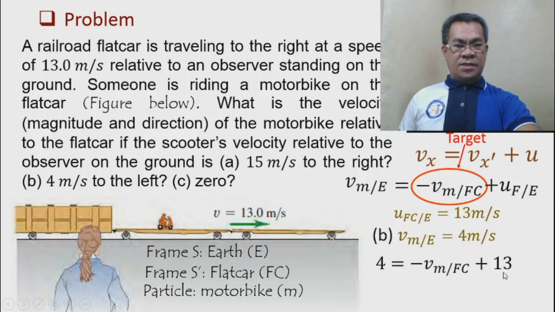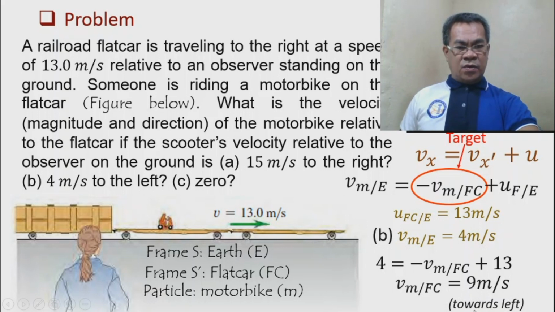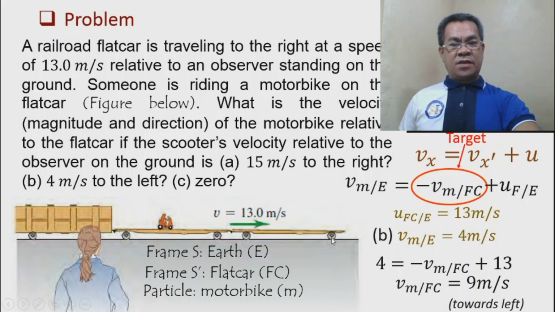So then this is the same as 13. Transpose this to the left and this to the right, then the result is 9 meters per second. The direction is towards the left, according to the problem. So this is the answer for letter B.